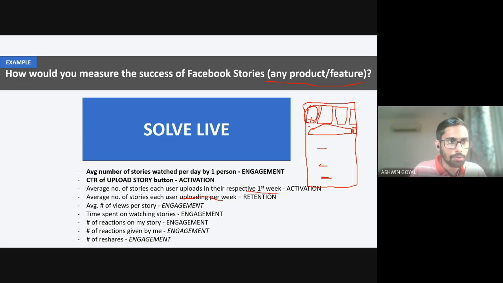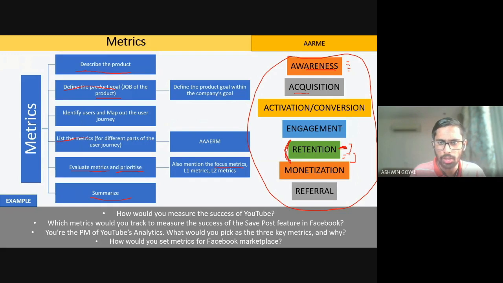So there are a few things which tell you about activation. Acquisition does not work here. We are not acquiring any users. This is not applicable here. Awareness is definitely applicable here. Many people might not know about Facebook stories, but Facebook has solved for awareness in a very brilliant way. They've kept it on top of the page, right?